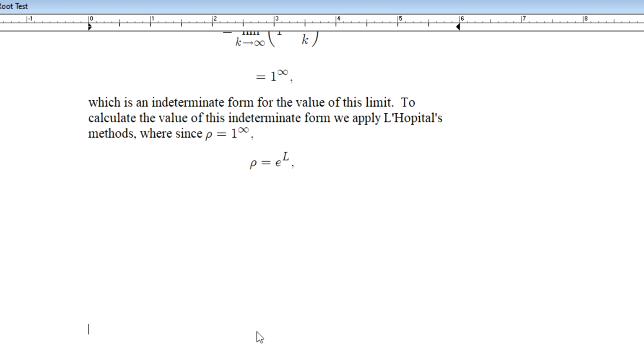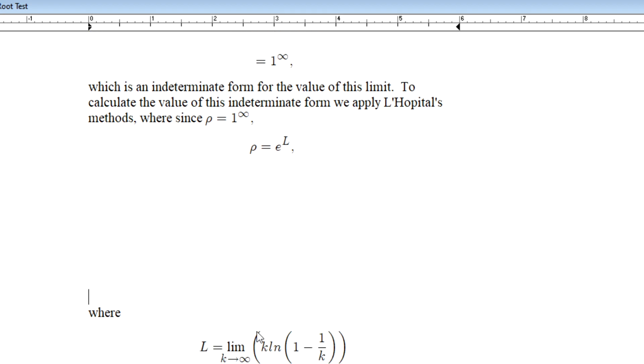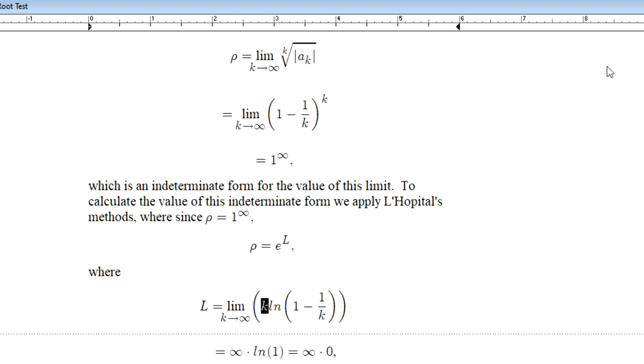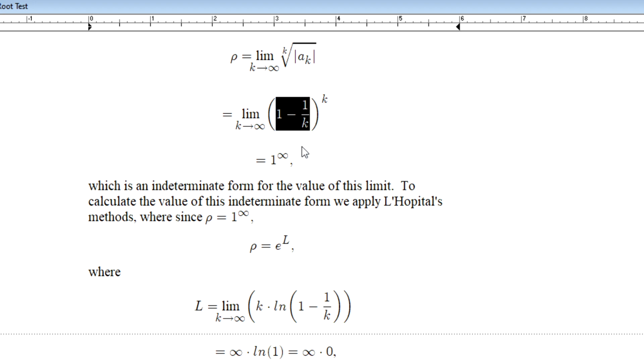If we go back to the method, you might recall L is going to be the limit formed for k heading to infinity for what would be this power of k, that's seen as our first factor here in this limit, times by what would be the natural logarithm of this argument.